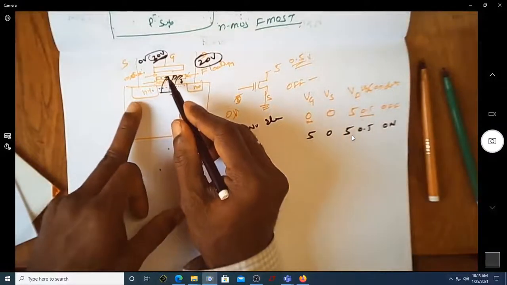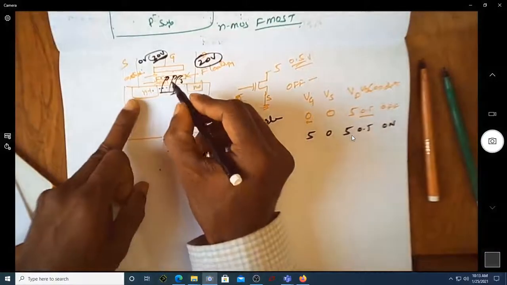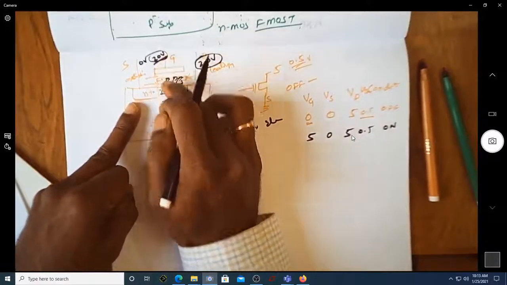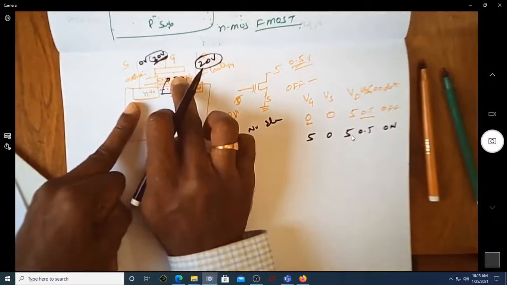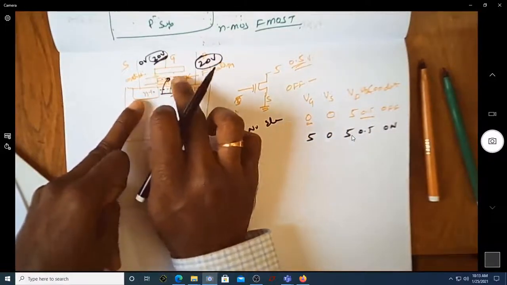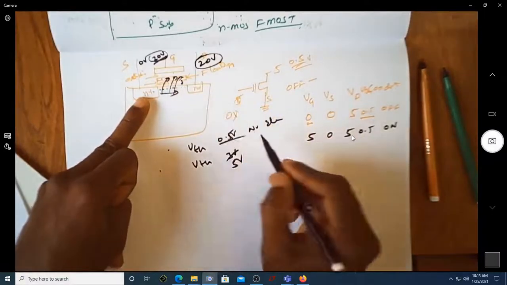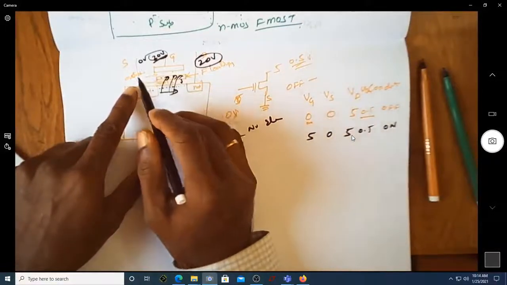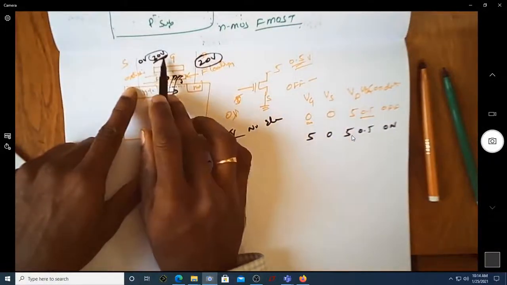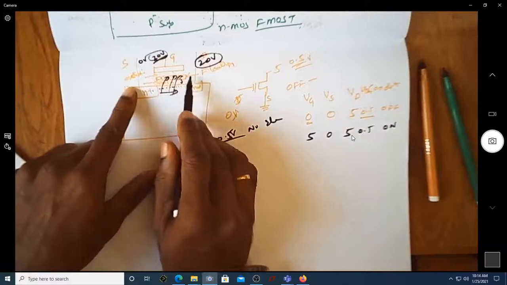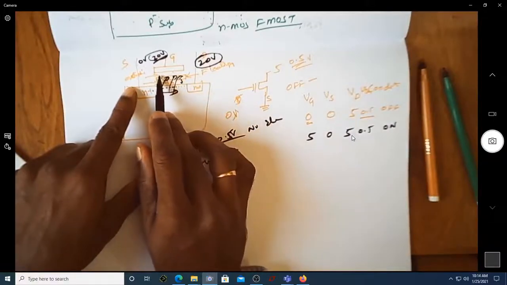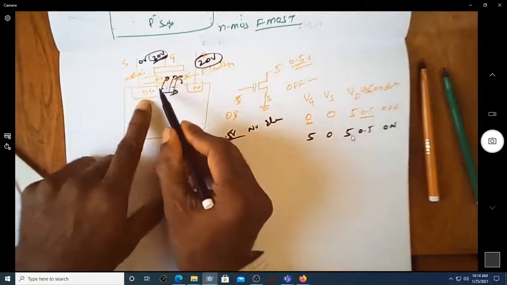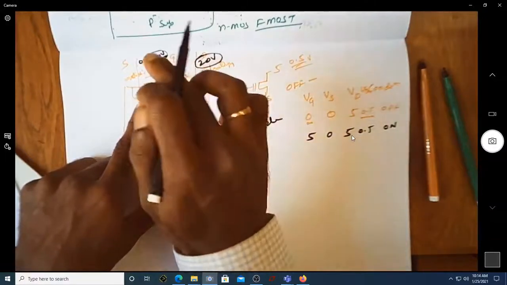When the electrons sit over here, naturally the threshold voltage of this transistor changes, because you have negative charge. Earlier you didn't have negative charge and the threshold voltage was hardly 0.5. Now, since there are electrons sitting here after you apply 0, 20 and 20, the negative charge has increased. When the negative charge has increased, in order to form the channel, you have to apply a larger voltage.